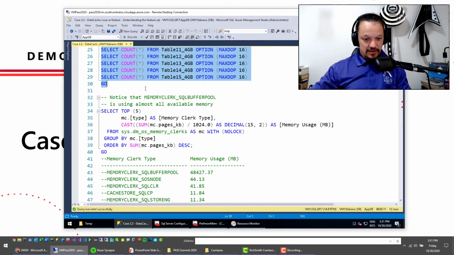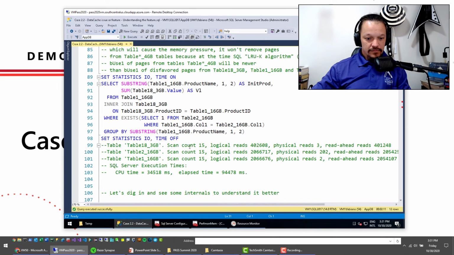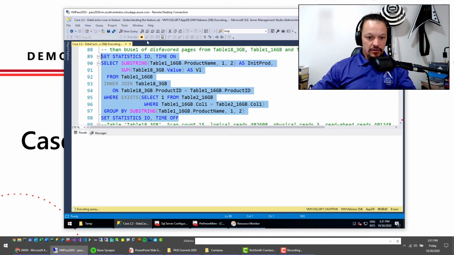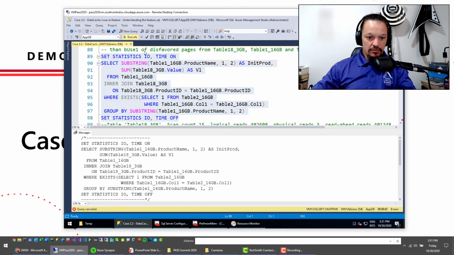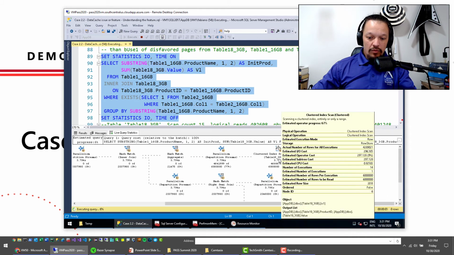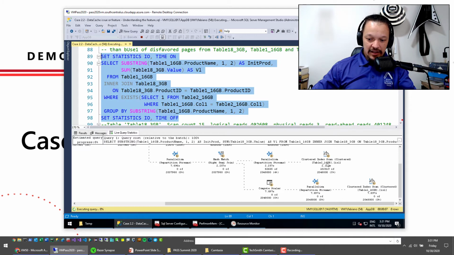For instance, if we look at the query again, let's run it. If we look at the query again, my bad, let me enable the live plan. This is reading the table of 3 gig, and then a scan on the 16 gig, and another scan on the 16 gig.